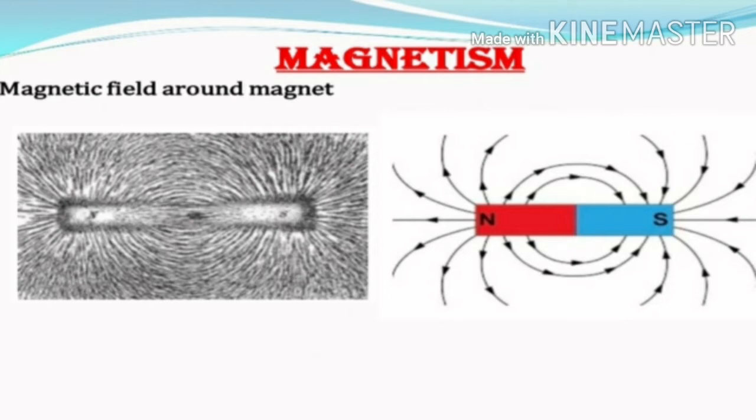Fourth, within a material, magnetic field lines flow from south pole to north pole, and in the air their direction of flow will be from north pole to south pole. Fifth, the magnetic field is a vector quantity because it has both magnitude and direction.